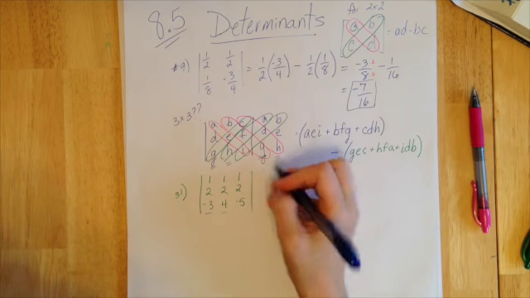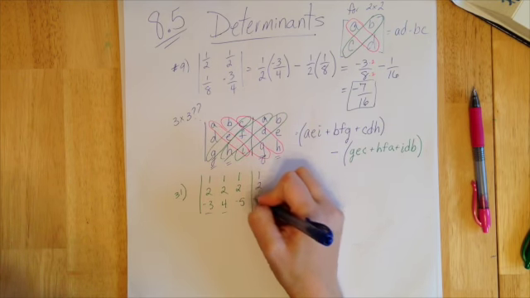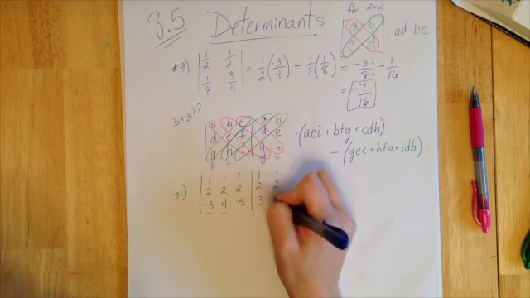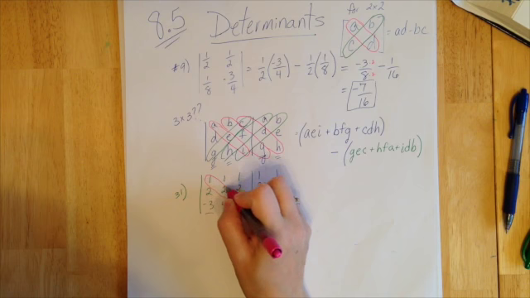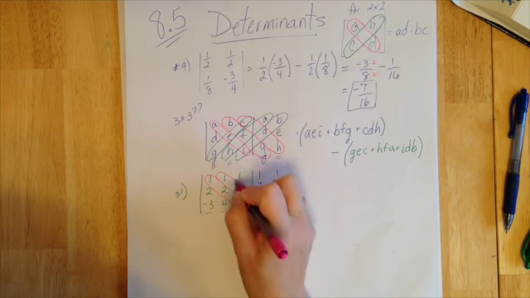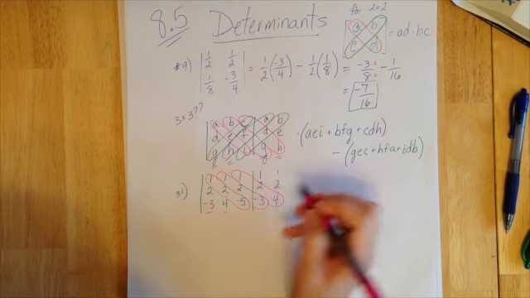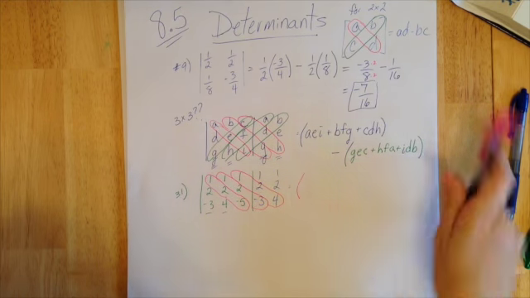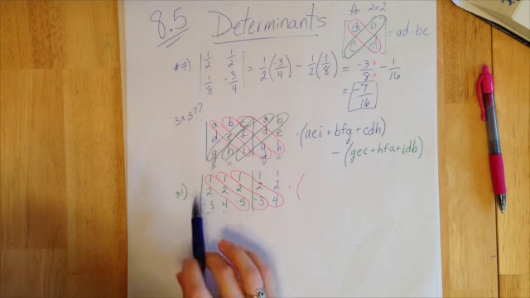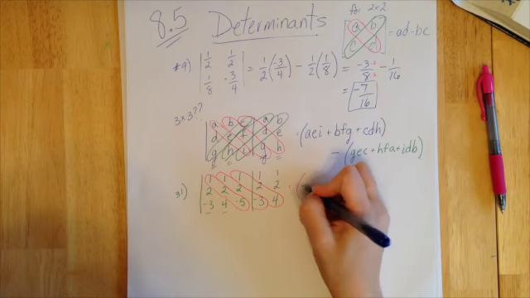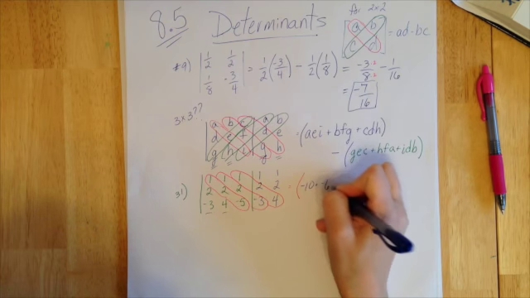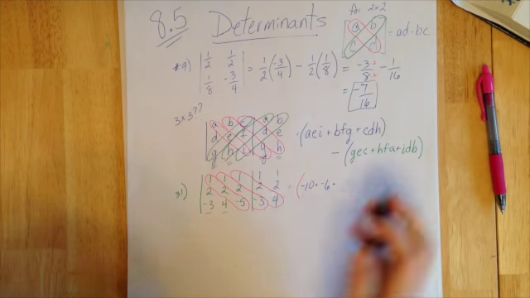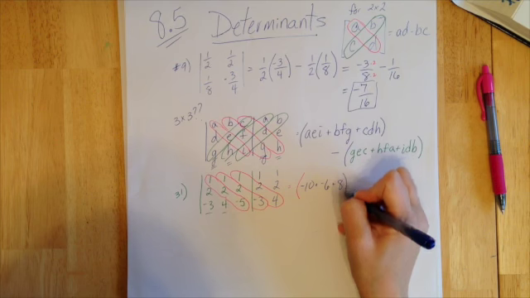So once again, we'll take the first 2, we'll rewrite 1, 2, negative 3, 1, 2, 4. We'll take our first diagonals, like the ADs. So we have all 3. We have the 1 times 2 times negative 5, which is negative 10. 1 times 2 times negative 3 is negative 6. And 1 times 2 times 4, which is 8.